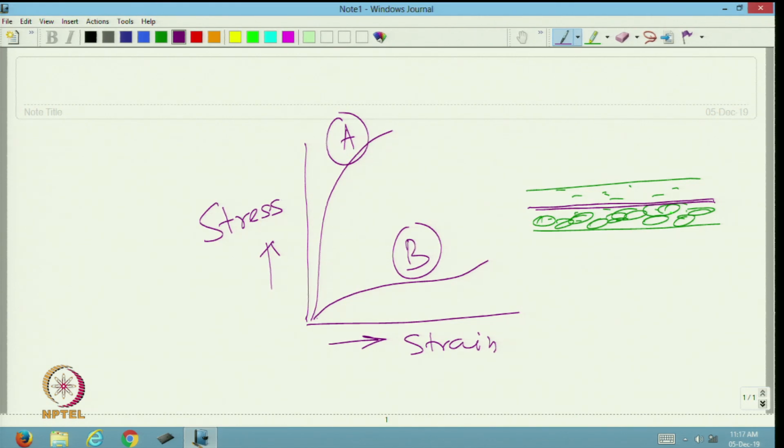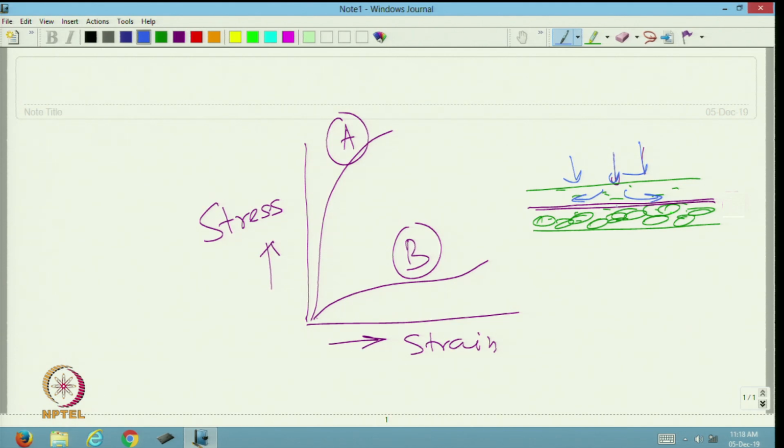Now, here if the initial modulus is low, if we use B where the strain is high at lower stress, upon loading here, so once it is loaded, this structure, the soft soil structure, will try to move sideways.